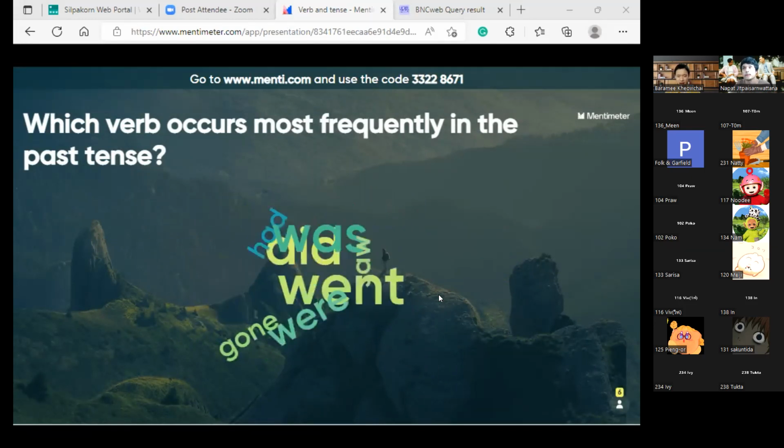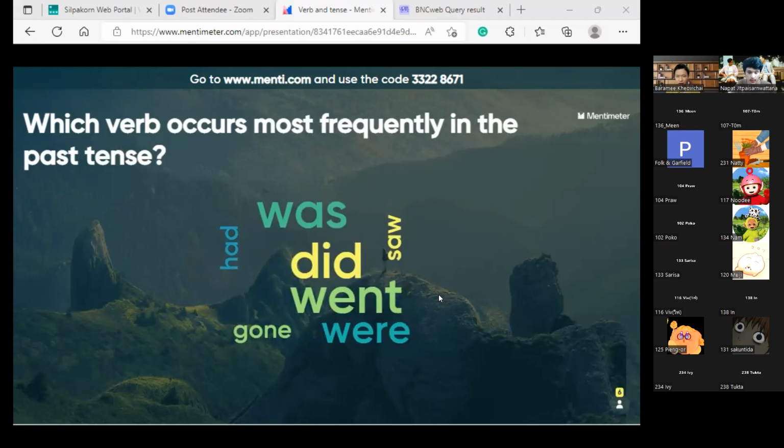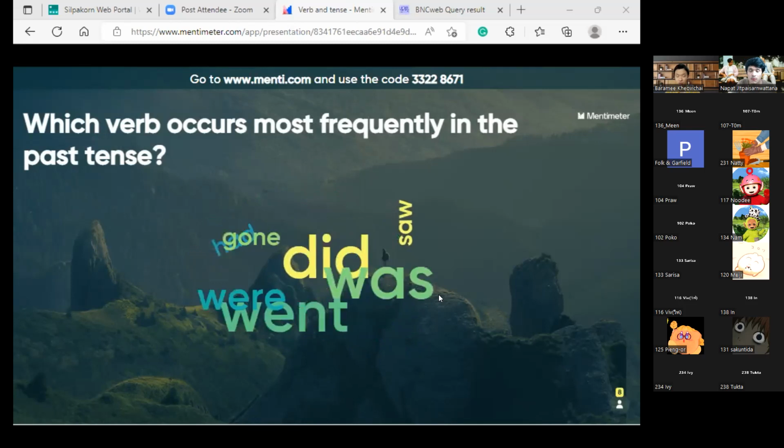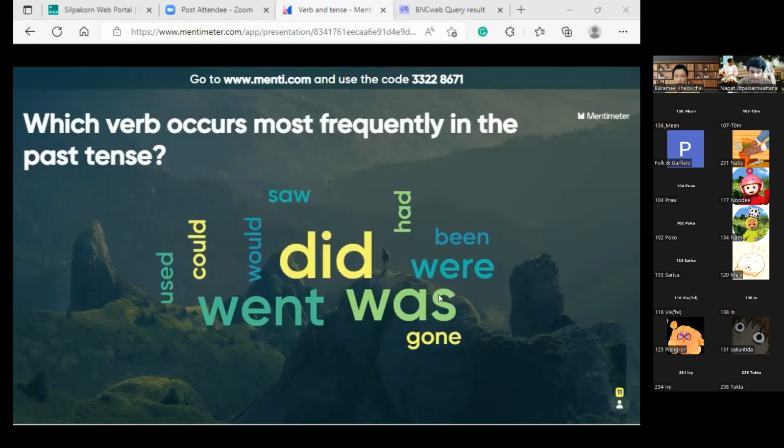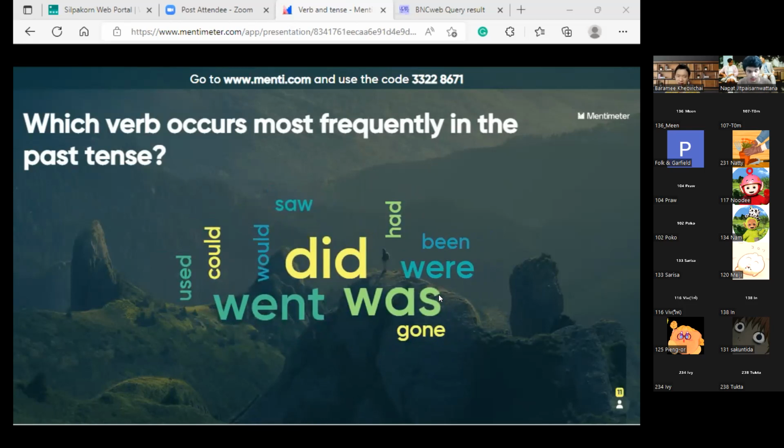Okay, we have some answers. We have some verb to be, verb to do, right? "Did", "was". We have other lexical verbs like "went", "saw", "gone", or "used". Also, we have auxiliaries like "could" and "would".